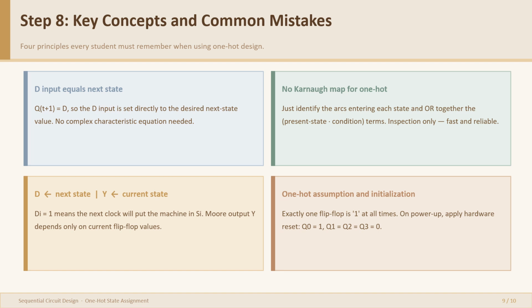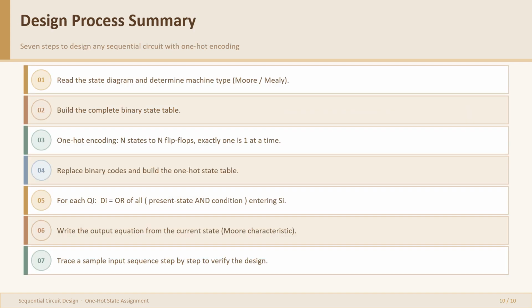Fourth thing, one-hot assumption and initialization. These are all the circuit design steps for this problem. You can stop and look at them carefully. That's all for today. Thank you for listening.